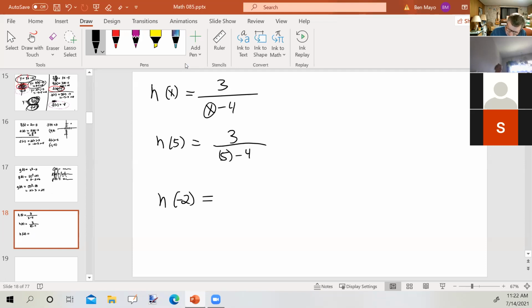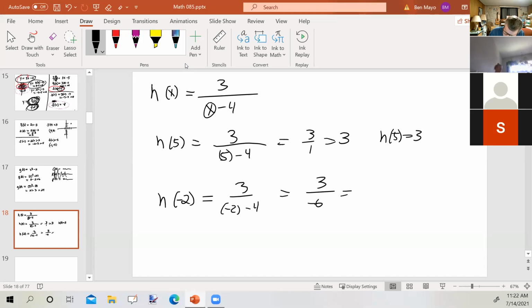Again, replacing X with 5, which is 3 over 1, or just 3. So H of 5 equals 3. H of negative 2 equals 3 over negative 2 minus 4, which is 3 over negative 6, which reduces down to negative 1/2. So H of negative 2 equals negative 1/2. Any questions about that example?